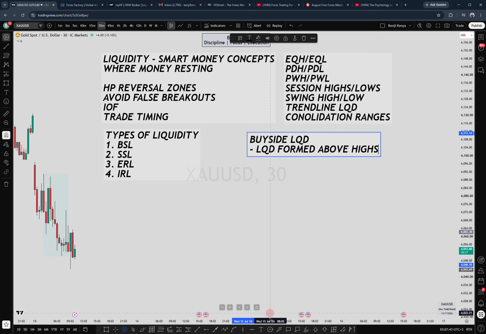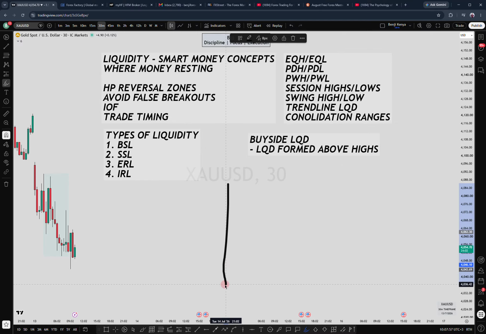So buy side liquidity, if I can draw it for you, let me just use the highlighter. Most of the time, probably this is our graph here, and the market is pricing that way, so the market can create equal highs that way.